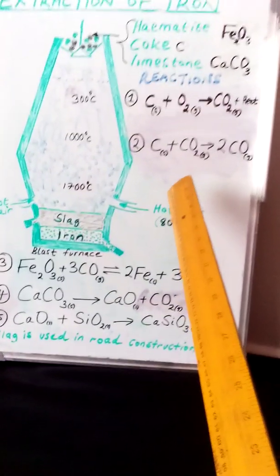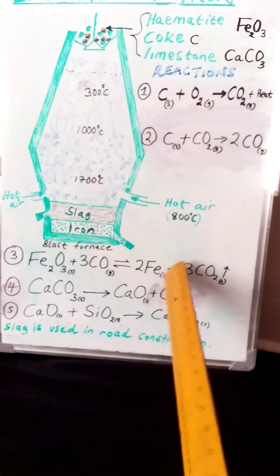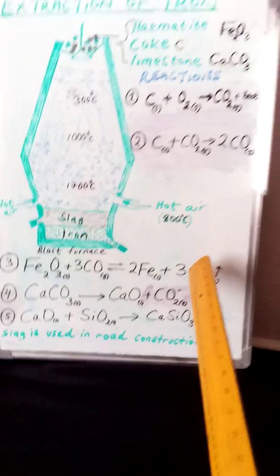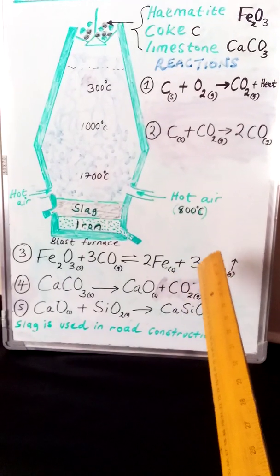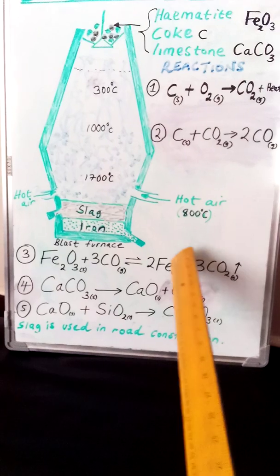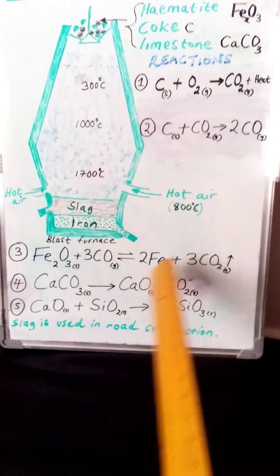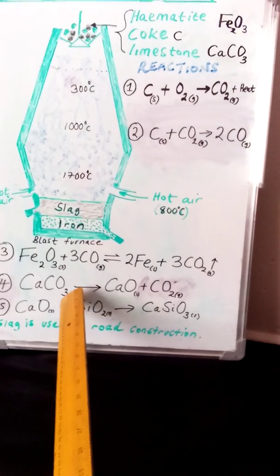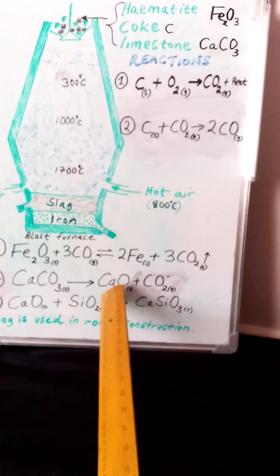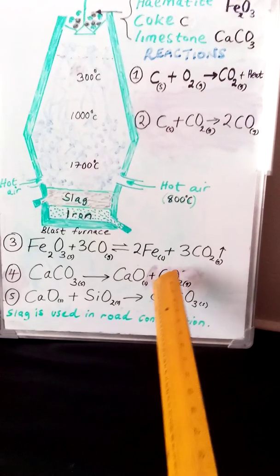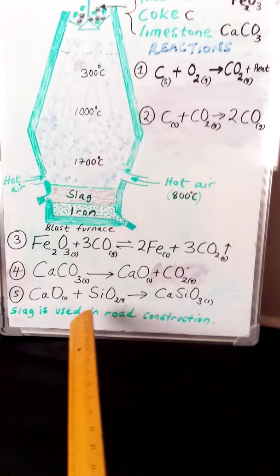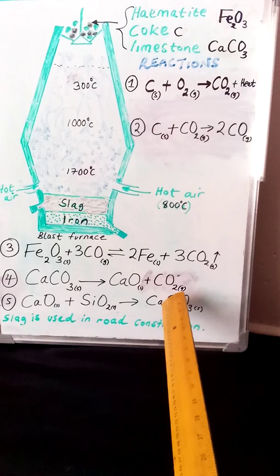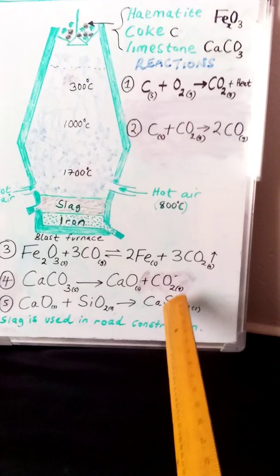Now, you need to know that this type of reaction is reversible. It can go back and forth. With that stated, we have a purifier which ensures that the iron is kept pure, and that's the calcium carbonate. The calcium carbonate breaks down to produce calcium oxide plus carbon dioxide, and then the calcium oxide reacts with silicon dioxide, sand, and it produces what is known as calcium silicate.